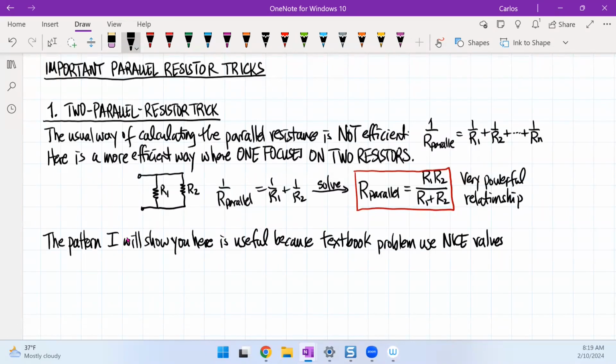And as a consequence, you can apply a pattern that's really useful. So let's check it out.